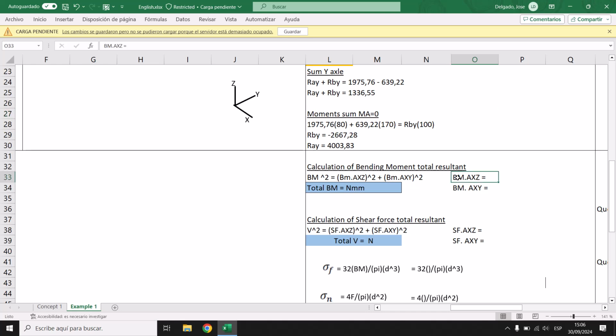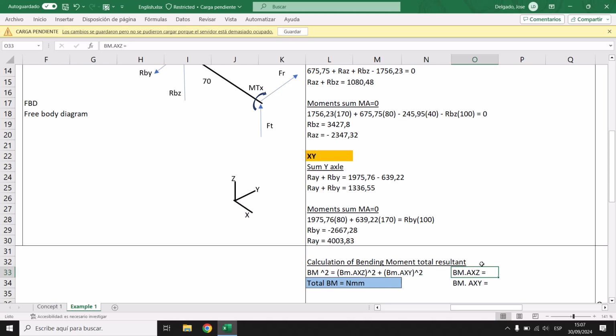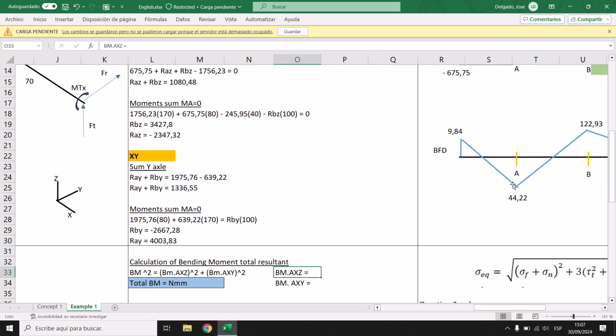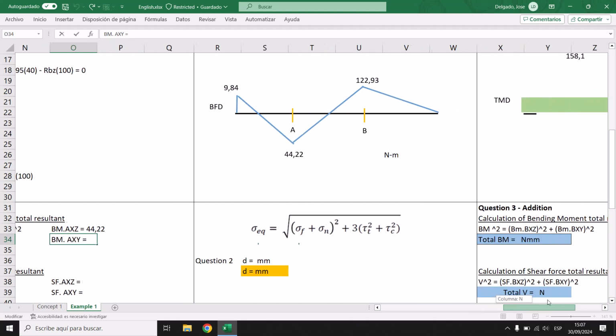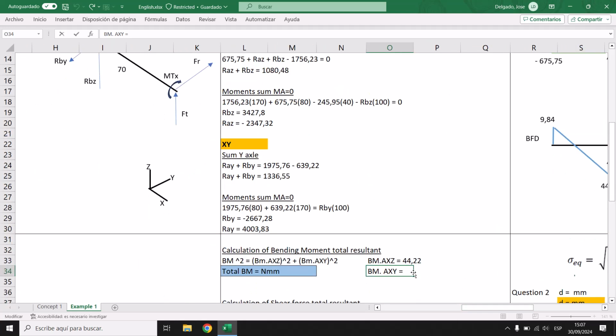If you look at our diagrams, the bending moment on A, the axis Z, is 44.22. Next, in the case of A, that is 158.1.